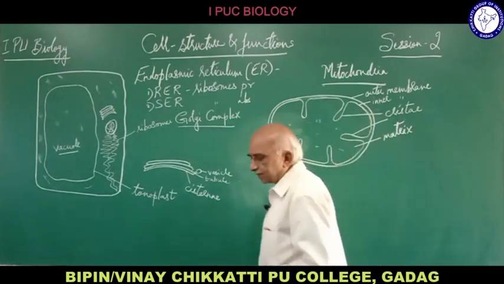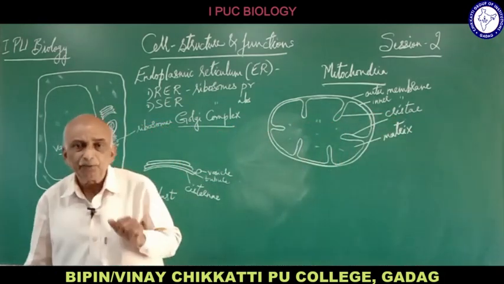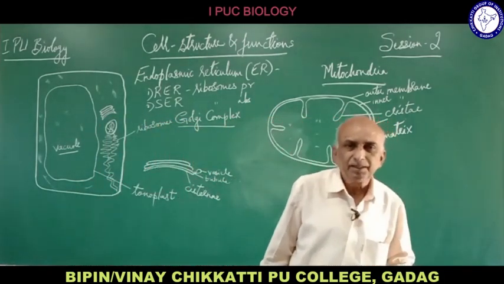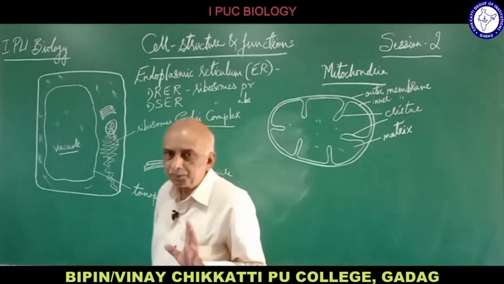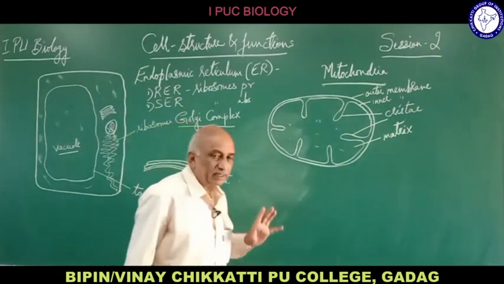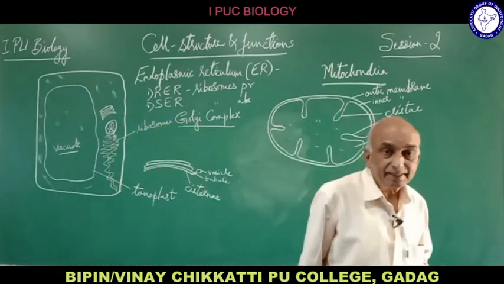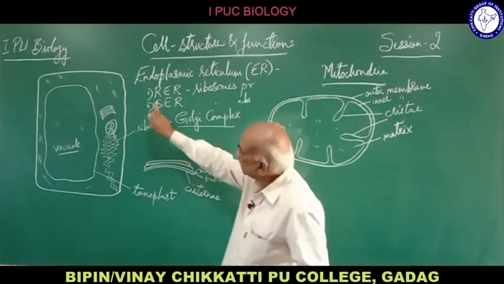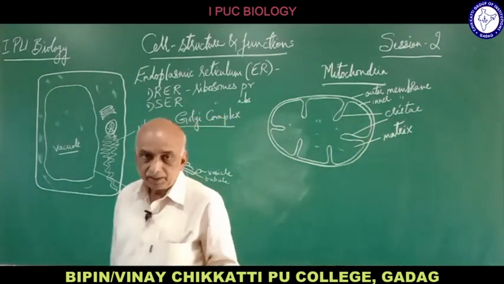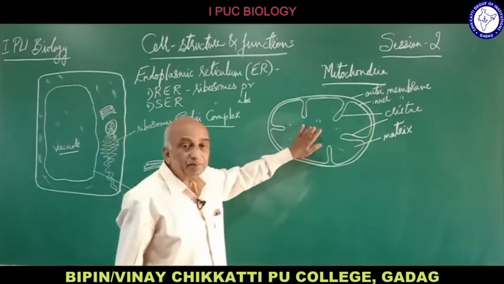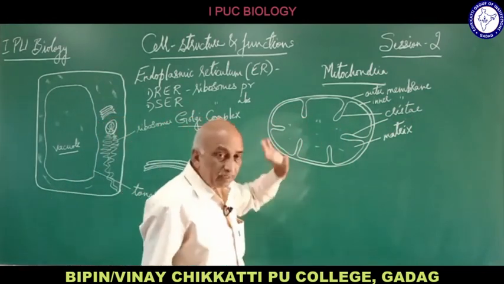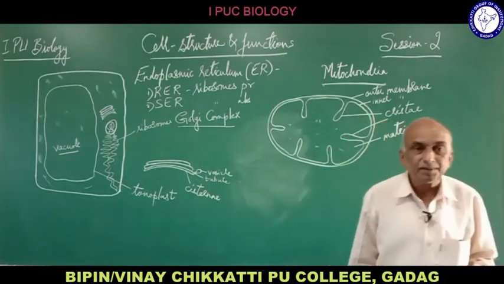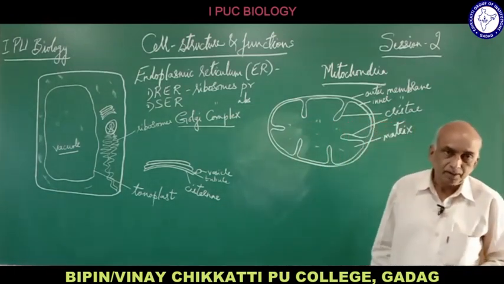This matrix is a fluid almost similar to cytoplasm but differs in some composition. Now this matrix contains enzymes and ribosomes. The ribosomes which are present in the rough endoplasmic reticulum are also present inside the mitochondria. So there are ribosomes, there are enzymes, and there are fragments of DNA and RNA.